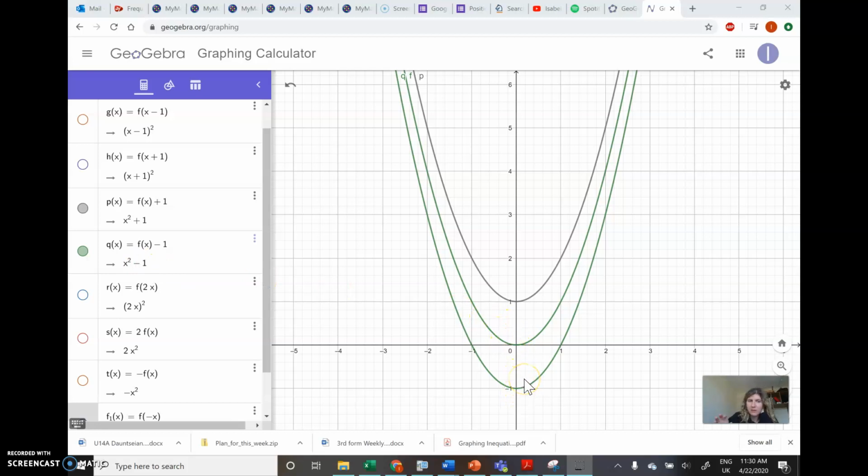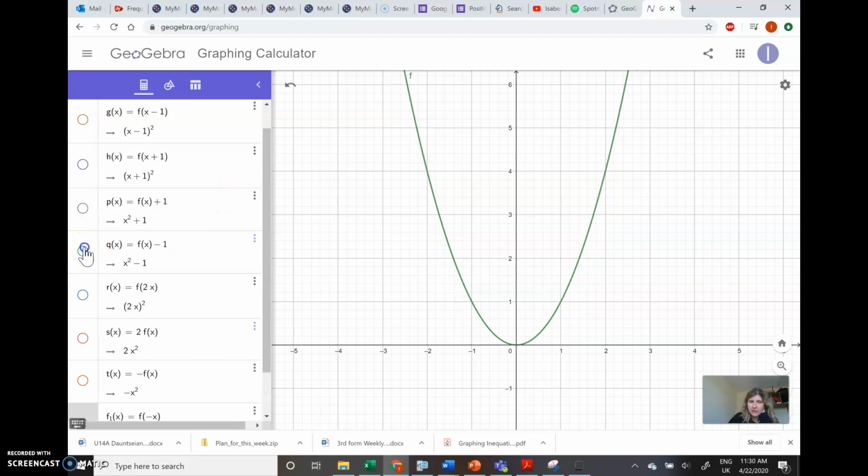When that 1 is outside the brackets, where you're just adding or subtracting 1 on, that just creates an up and down movement. So when you've got the plus 1 or the minus 1 inside the brackets, that creates a left or right shift. When you've got a plus or minus 1 outside the brackets, you get an up and down movement.